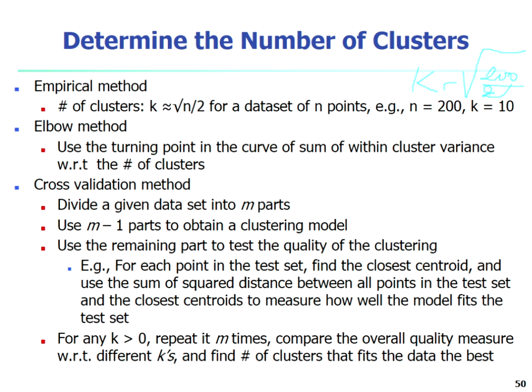After that, for each point in the test set, find the closest centroid and use the sum of squared distance between all points in the test set and the closest centroids to measure how well the model fits the test set. For any k more than 0, repeat it m times, compare the overall quality measure with respect to different k's, and find the number of clusters that fits the data the best.